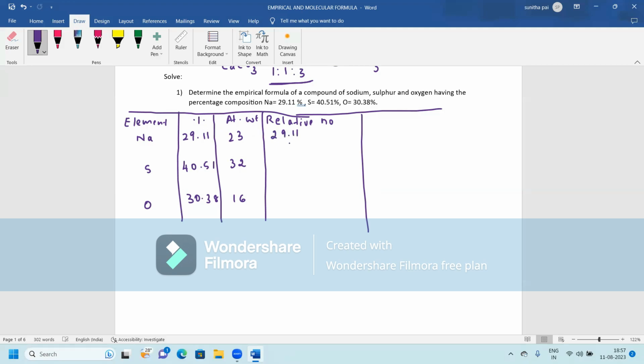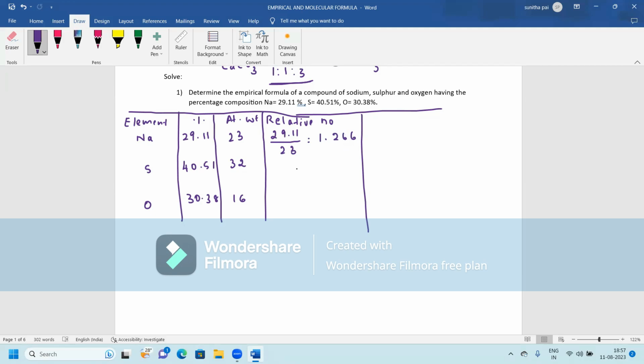Whatever percentage is given, divide it with atomic weight. So, for sodium, it is 29.11 by 23. So approximately 1 point something we should get on solving. This is 1.266. You can solve up to the second decimal place.